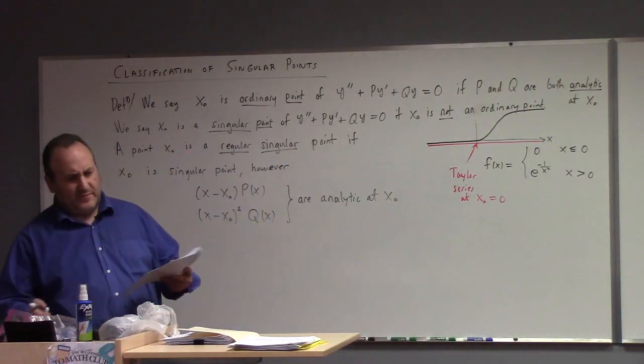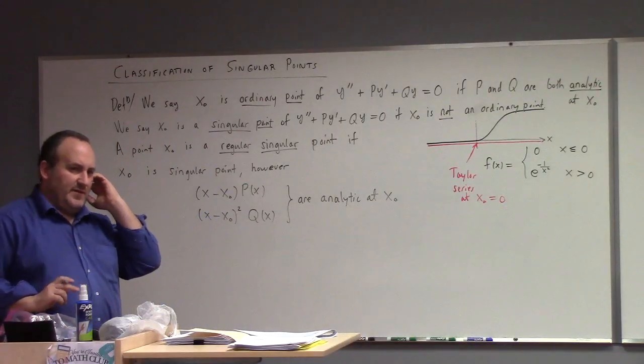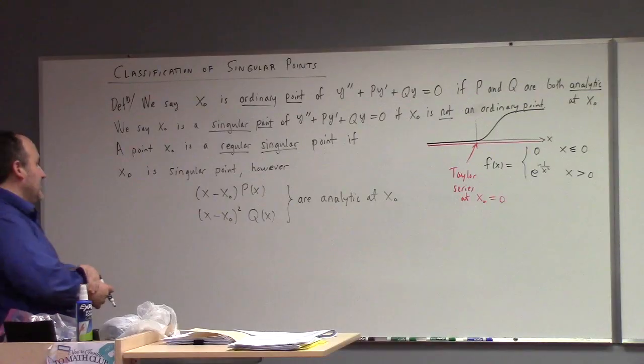In other words, what this means is that the coefficient functions behave badly at x naught, but not too badly. A regular singular point.